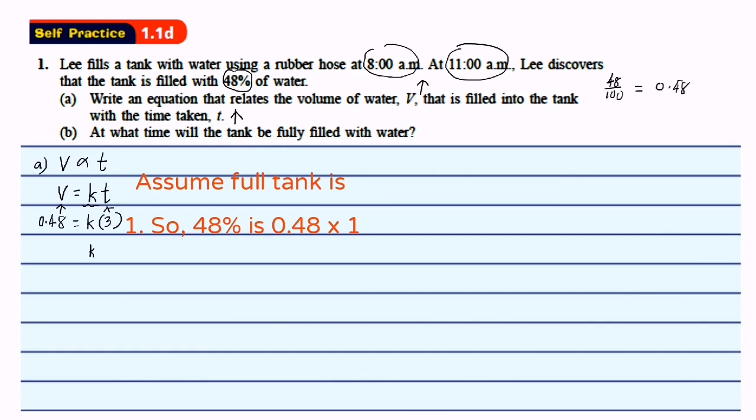So K equals 0.48 divided by 3. K equals 0.16.